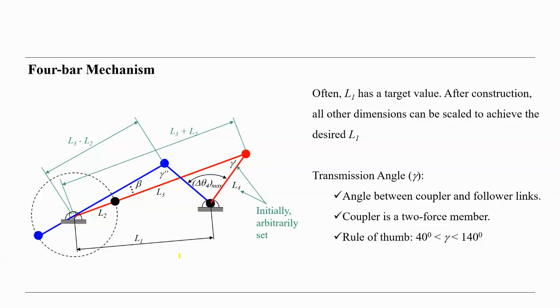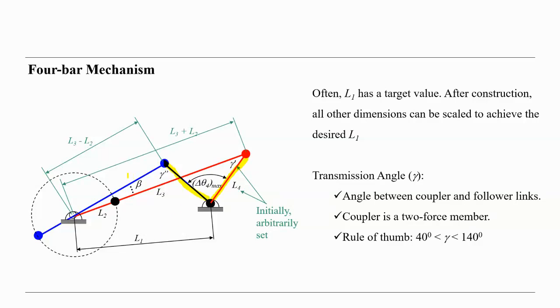And you see here, we learned in the previous chapter the limiting positions. So there are two limiting positions. This blue one is one of the limiting positions, and the red one is the other limiting position.